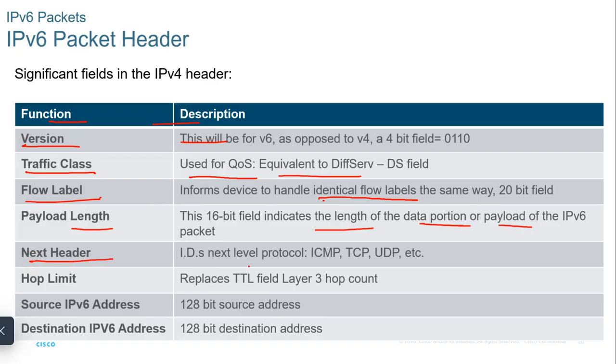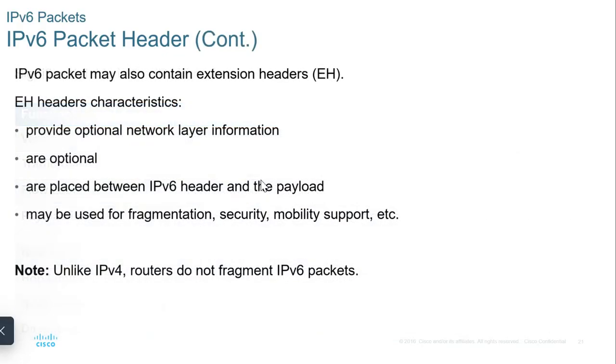Then the next header indicates the next level protocol. Is it ICMP, TCP or UDP? Then hop limit replaces, as you can see, time to live. So if it is decremented to 0, the router that receives it is going to drop it. Then source and destination, I've already talked about that.